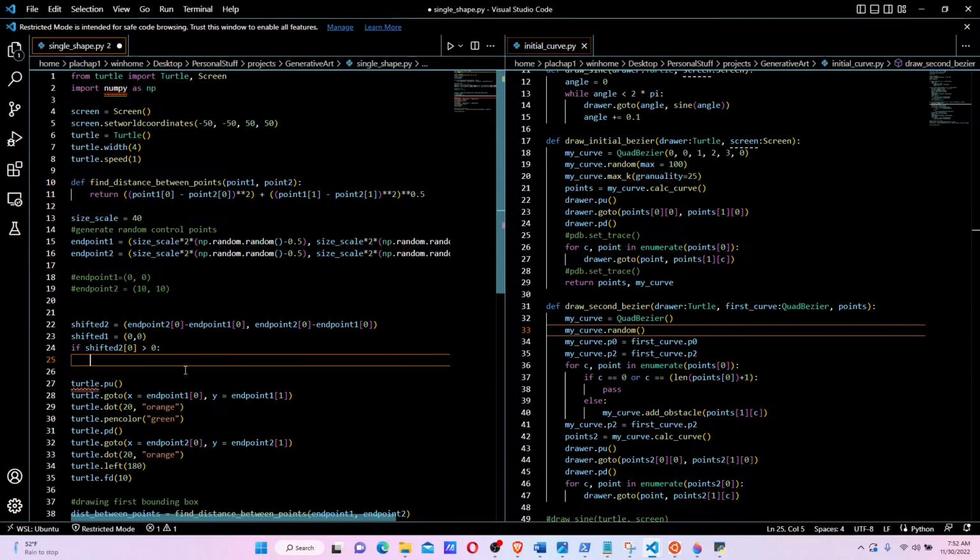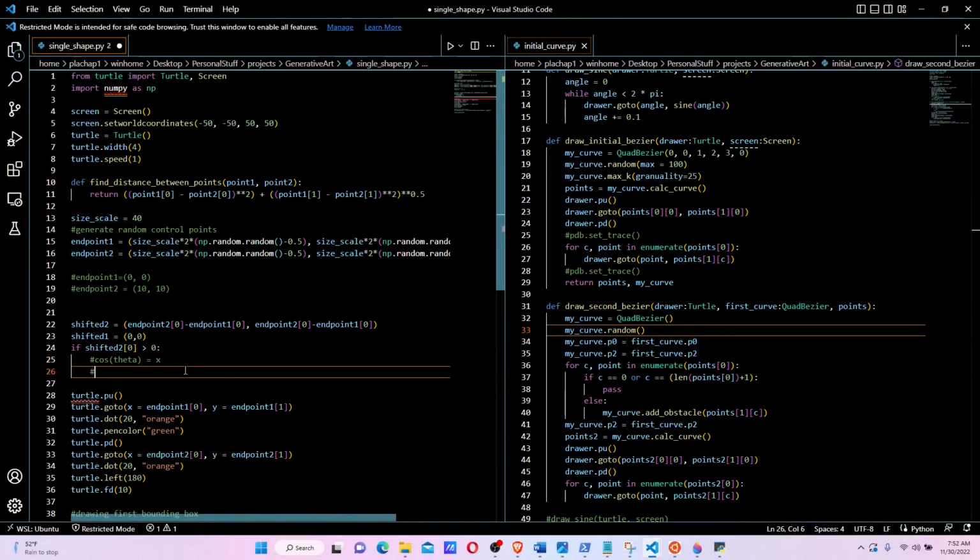Man, what does that tell us? If the x value is positive, then we can say that cosine of theta is equal to x, and we also know that sine of theta, so if theta is negative 45, sine of negative 45 is minus root 2 over 2.